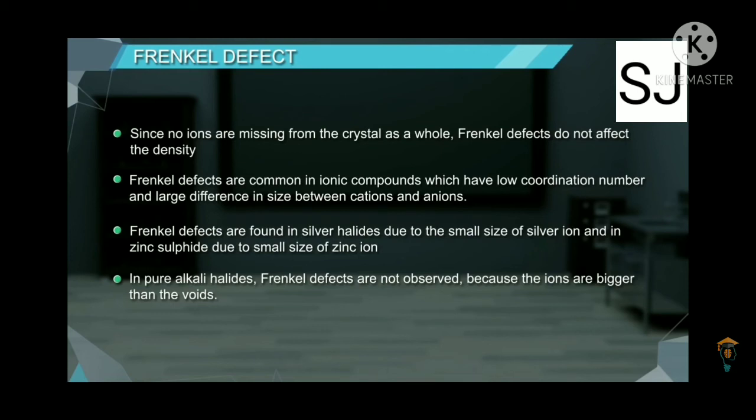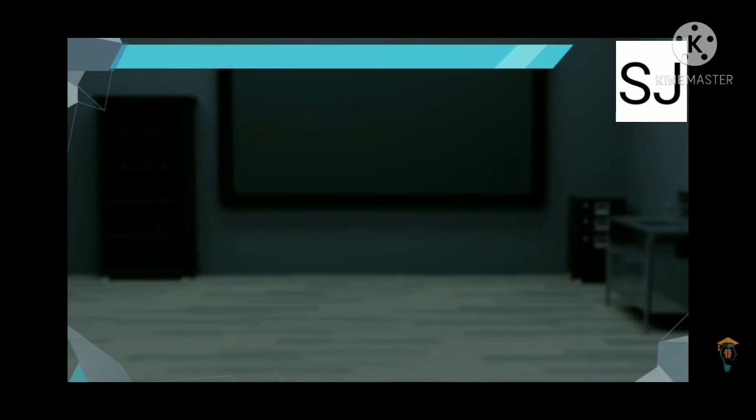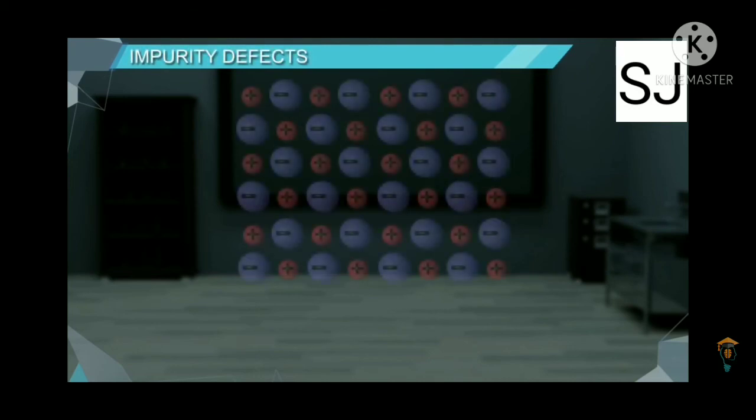Why beta? Because the ions are bigger than the voids, or we can say than the empty spaces. So zinc sulfide, silver chloride, silver bromide, silver iodide are examples of Frenkel defects.